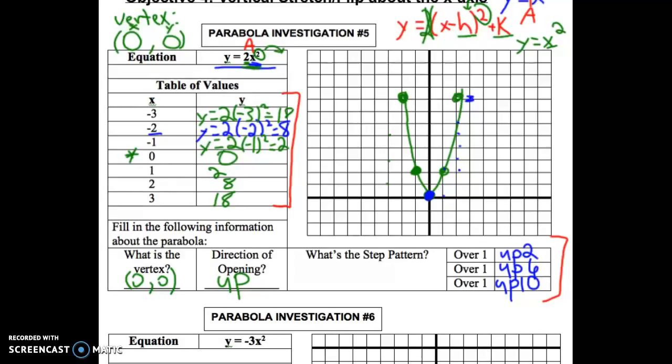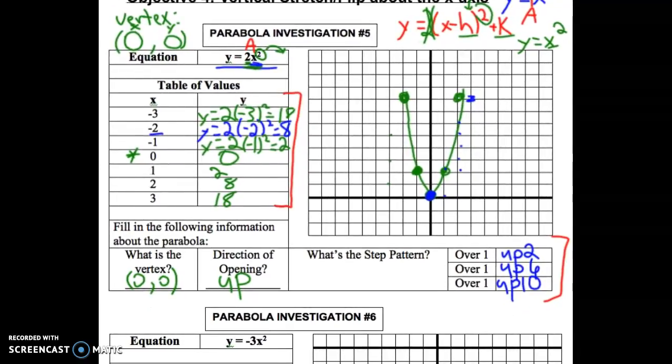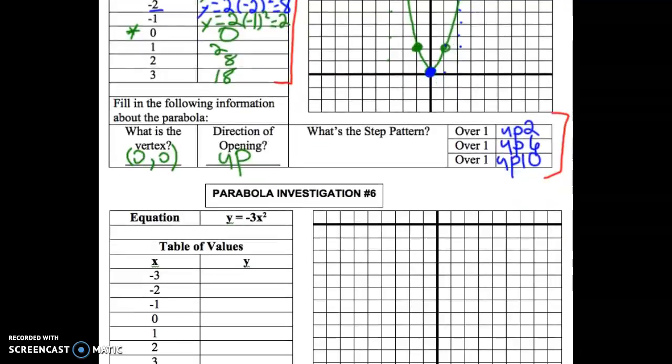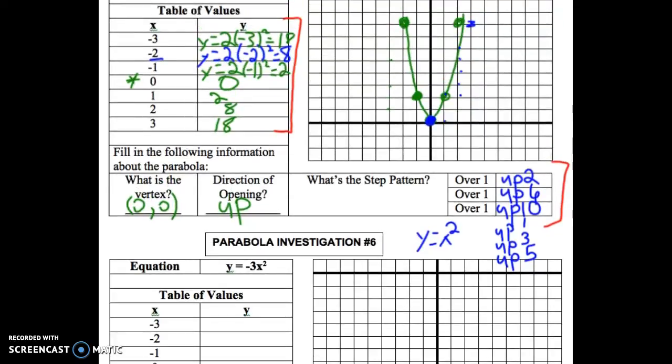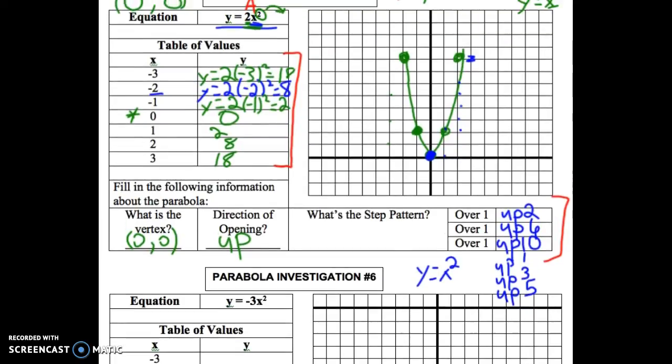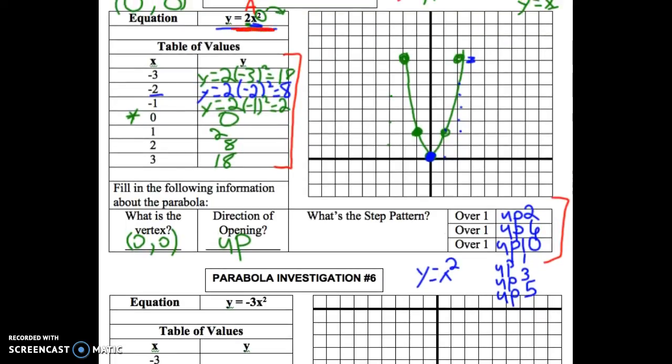Now, if you remember from the parent function y equals x squared, its step pattern was over 1, up 1, over 1, up 3, over 1, up 5. So I need you to be able to see what is truly happening to all the y values in this given function, y equals 2x squared: all the y values are double what the parent function y values would be.